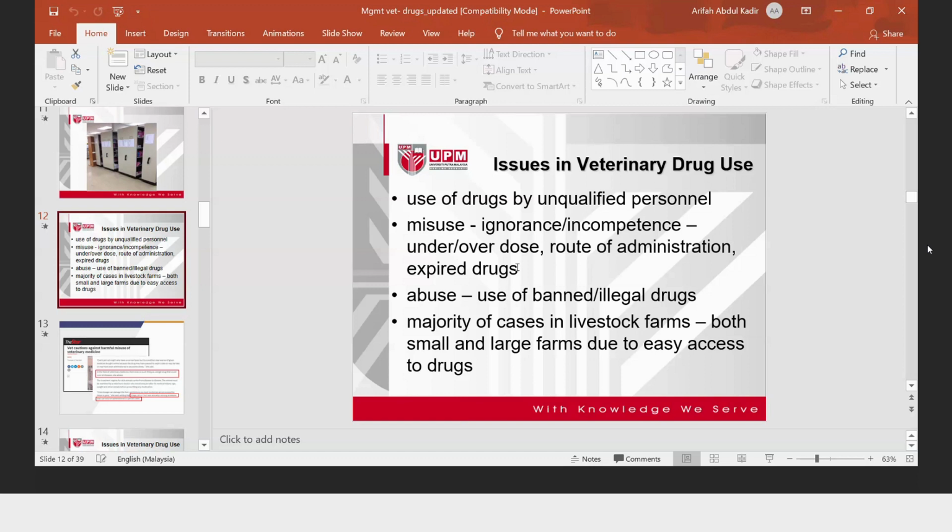Then the use of expired drugs. But by right, expired drugs should be discarded lah. Once it's expired, that means the efficacy has dropped.